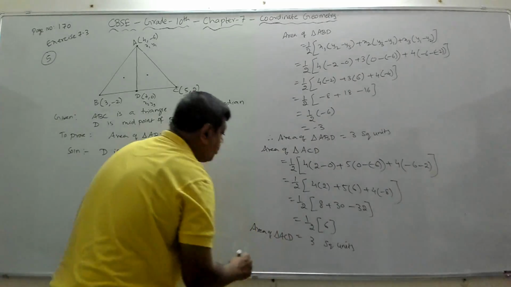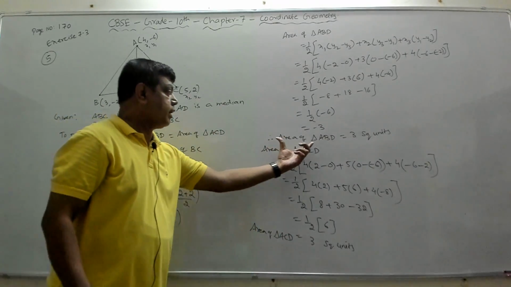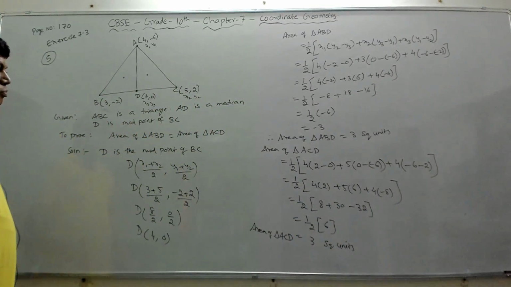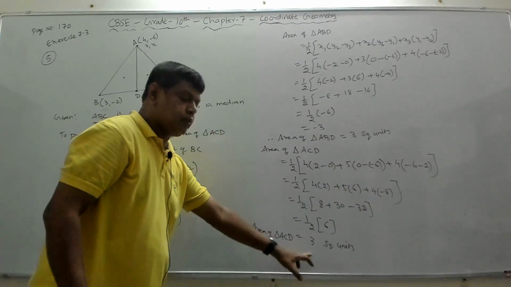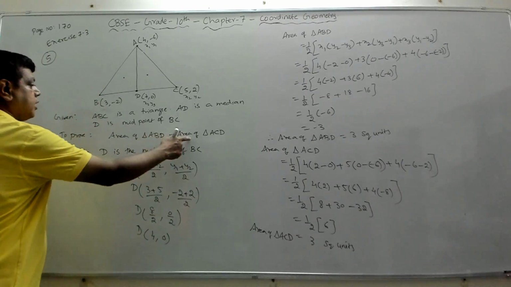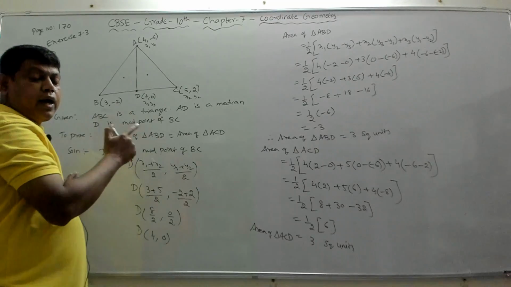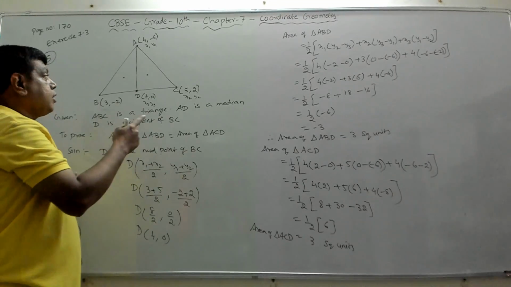So now what have we proved? We have got area of triangle ABD is 3 square units. Area of triangle ACD is also 3 square units. So therefore both the areas are equal. So we have proved that a median will divide the triangle into two triangles of equal area.